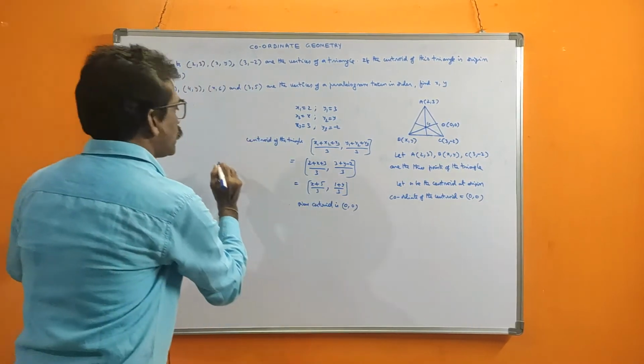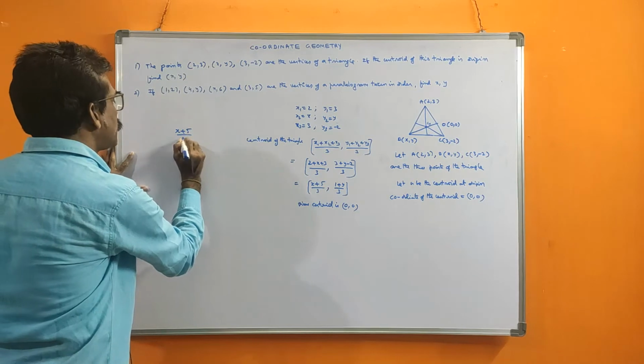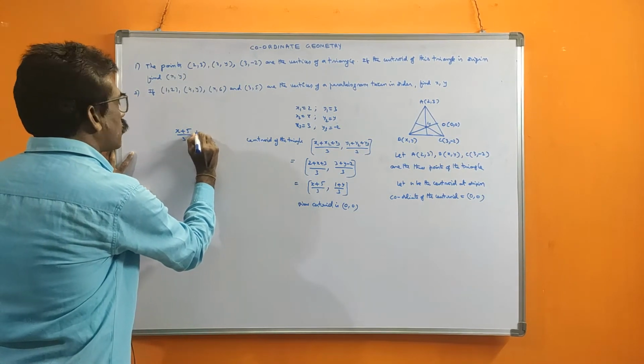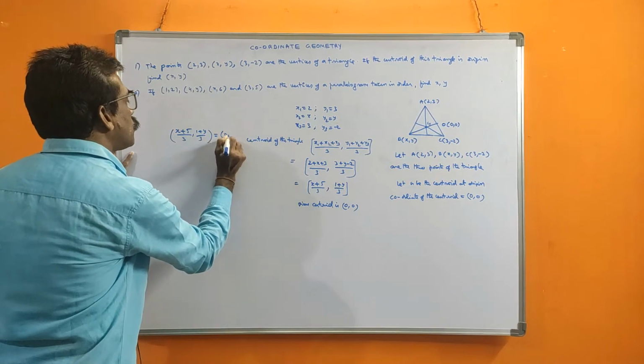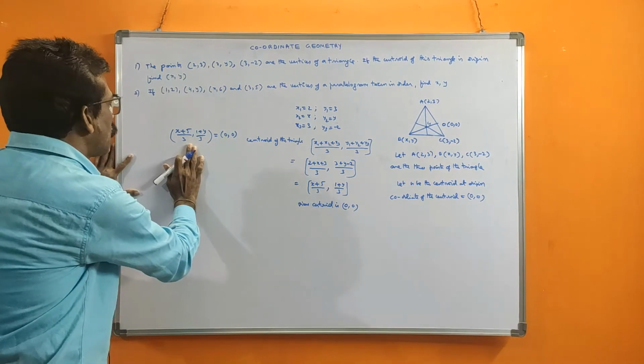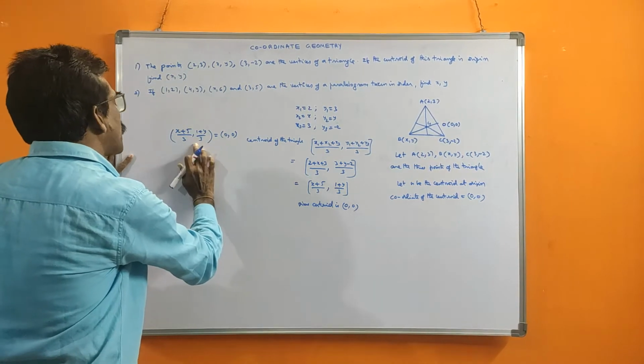Therefore, you equate it: ((x + 5)/3, (1 + y)/3) is equal to (0, 0). This is the coordinates of the centroid. This is also the coordinates of the centroid of the same triangle.